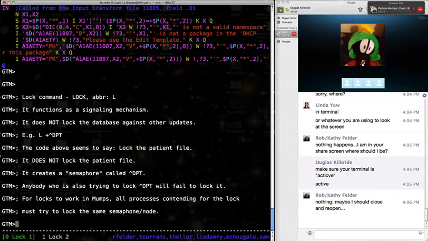All right. So I'll give you an example. Let's start with the very, very, very simplest example. How does VISTA make sure that you're not adding two patients with the same name at the same time? It's a good question. Let's take a look. Let's see, what's it called?